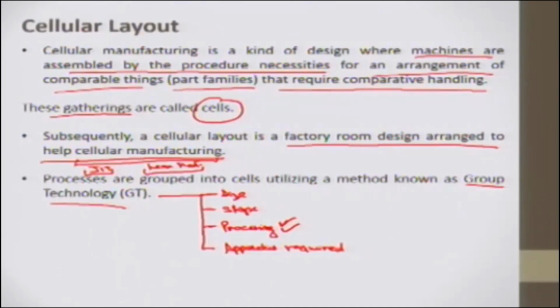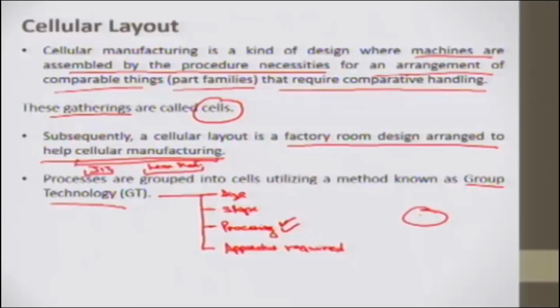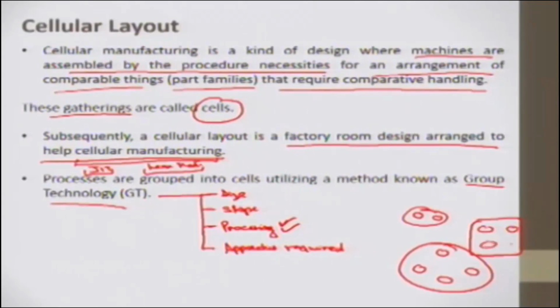For instance, we can group the parts that require drilling, all the parts that are round, into one group. For example, there is one component that is round and it needs two holes here. There is another component that is round, for example a disc, and it needs 4 holes here. Another component of this kind also needs a large amount of drilling. So these can be grouped into one. This is group 1.